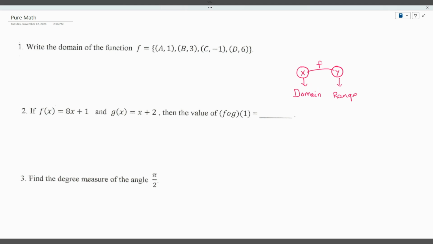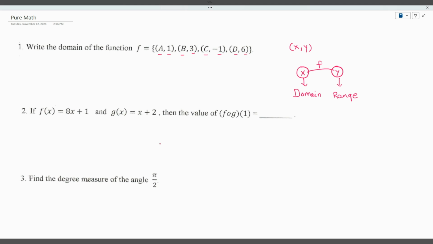You know that in an ordered pair, whenever we are writing values, the first value indicates the input and the second value indicates the output. So as you can see, these are your inputs and these are your outputs which are defined here in the function.